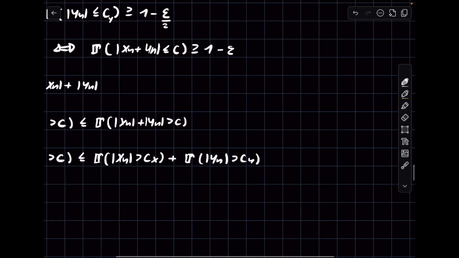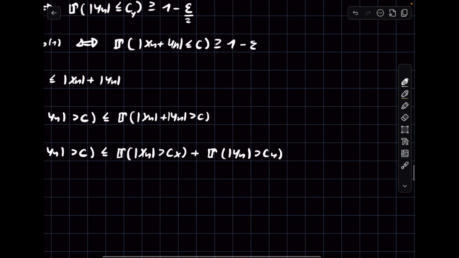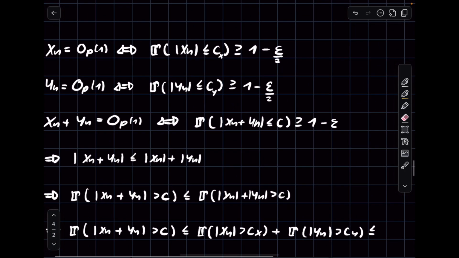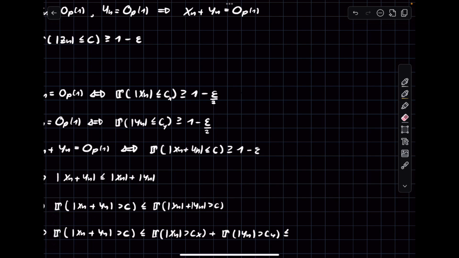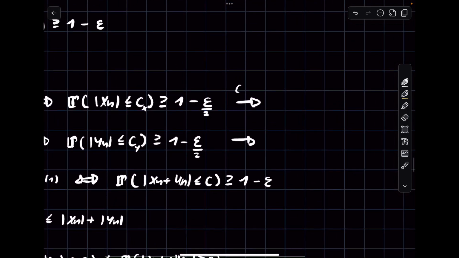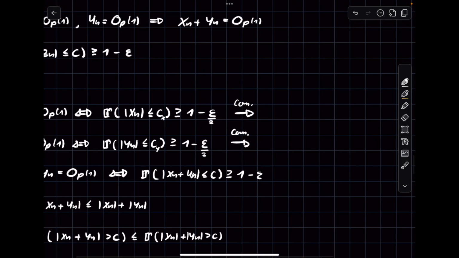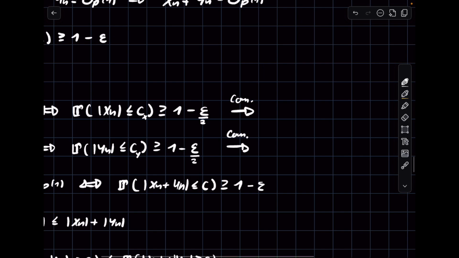And we know for a fact that this is lower or equal to what? Let's take the complements here. So we take complement, complement, and complement. This would in turn just be this.